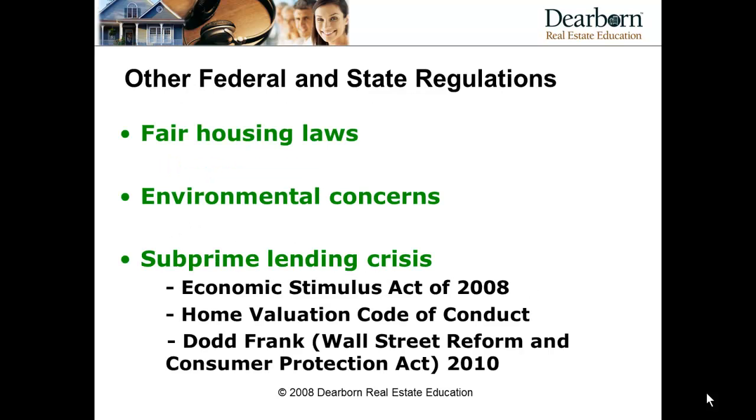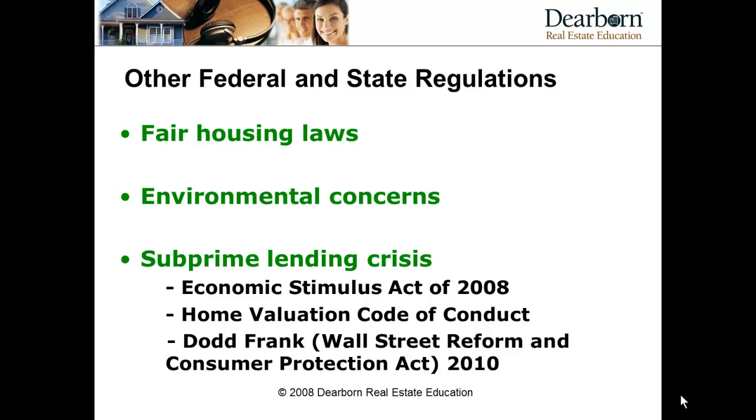So now we'll talk about some other federal and state regulations that impact appraisers. The fair housing laws that impact appraisers came out about the same time as FIREA.